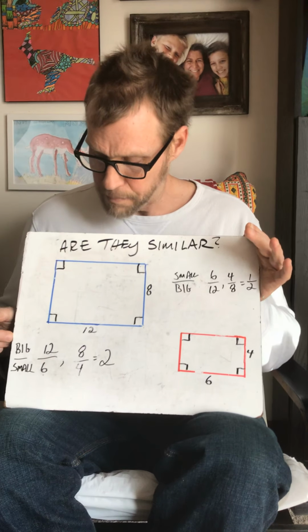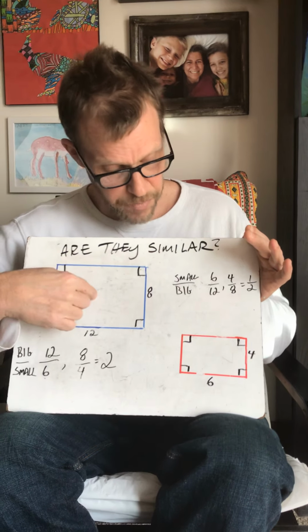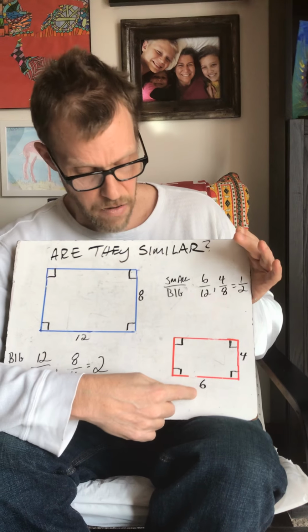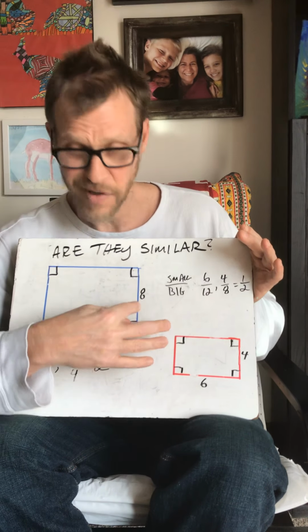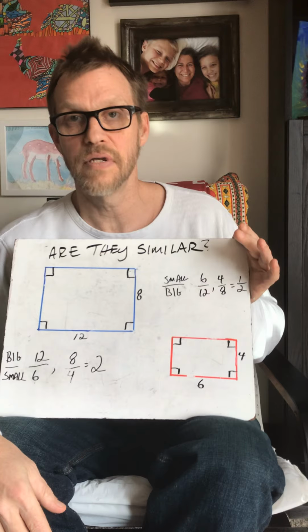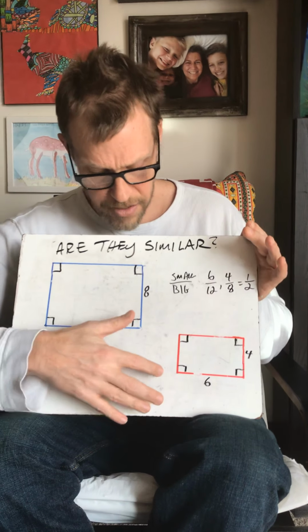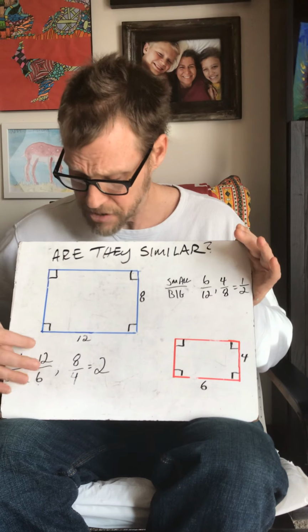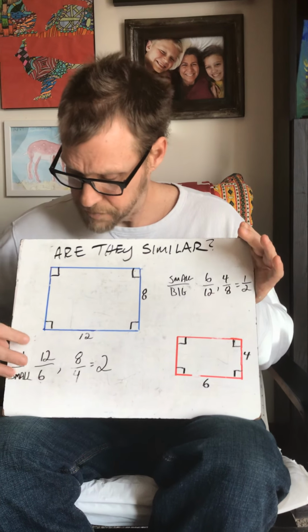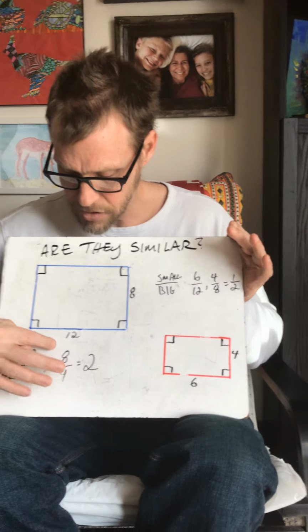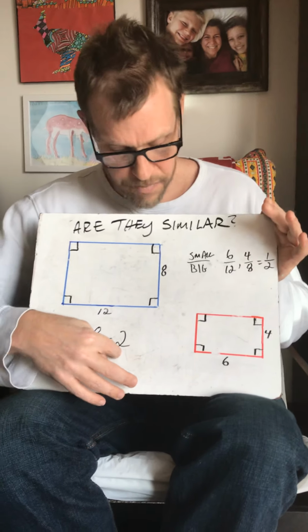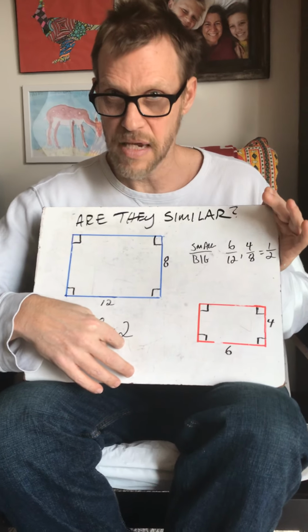If I'm going from small to big, what am I multiplying by? Some of you can see it: to go from 6 to 12 and from 4 to 8, I'm multiplying by 2. You don't need to set this up, but if you have decimals it's a little more difficult. So I just set up a fraction: 6 to 12, small to big, I go 12 over 6 or 8 over 4. There's my 2. That is my scale factor.